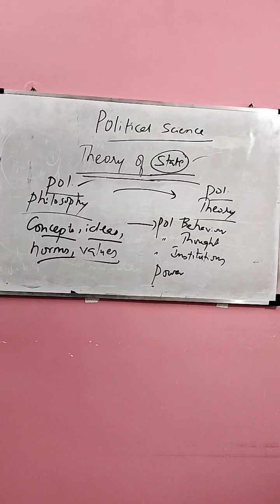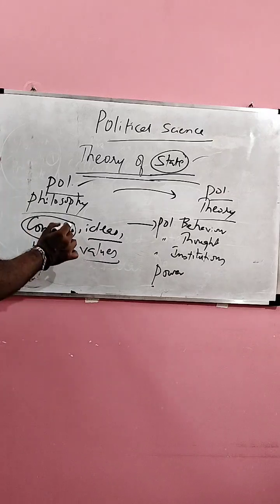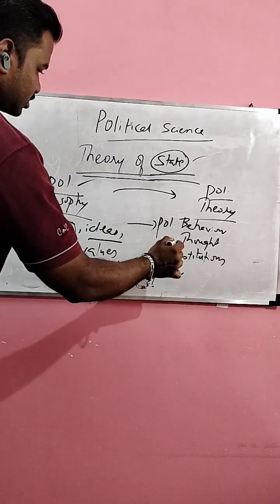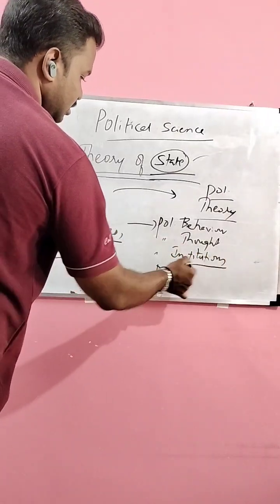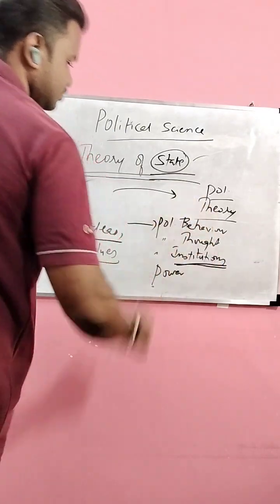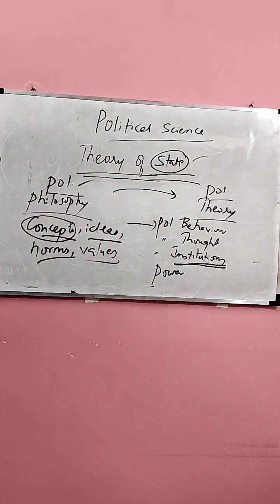For example, if you take the concept democracy and find out how the concept of democracy applies in the institutions, then you are now engaged in political theory.